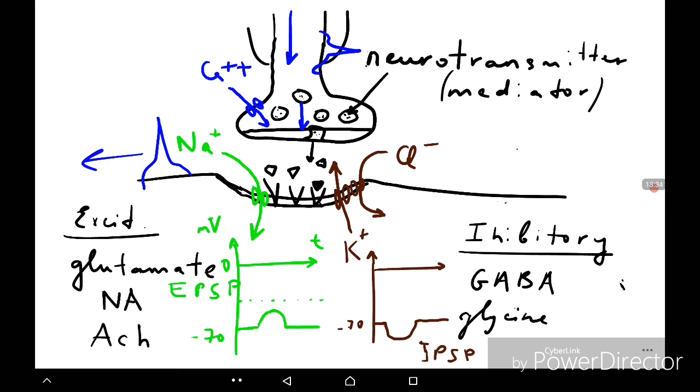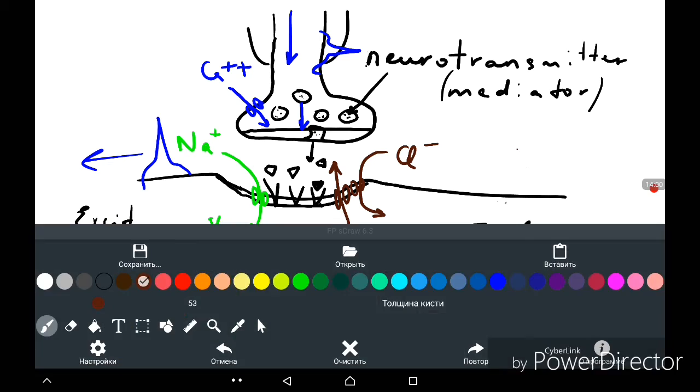Another property of the synapses is the plasticity, synaptic plasticity. It means that these synapses may change their ability to transmit excitation, and it may be one of the mechanisms of memory.